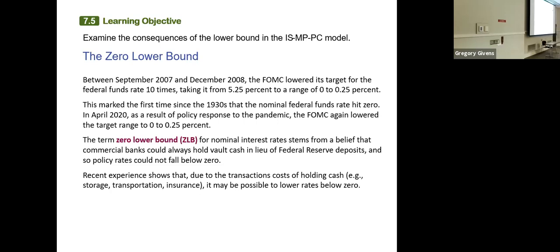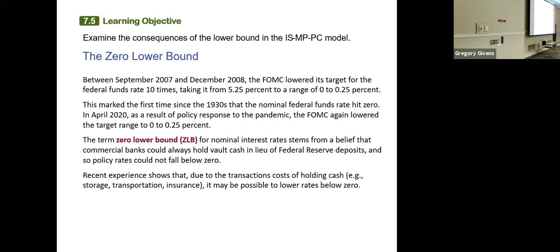If people swipe a debit card, remember what happens in the bank clearing process, right? The Fed simply debits the reserve account of my bank and credits the reserve account of the merchant's bank, right? Well, what happens if all banks are holding reserves as vault cash?